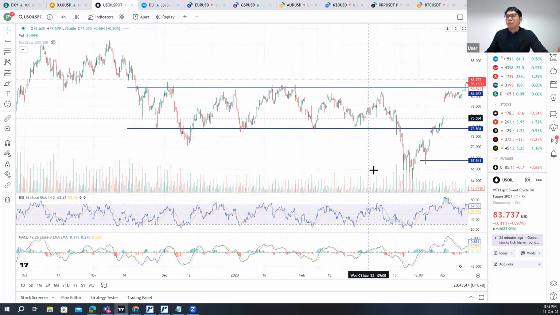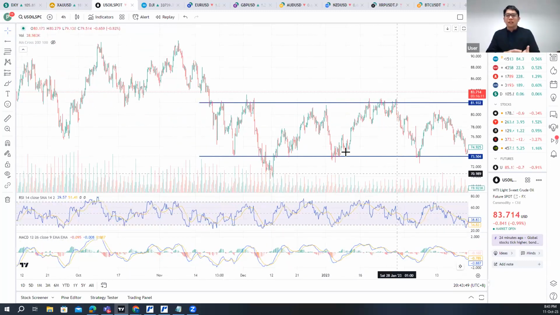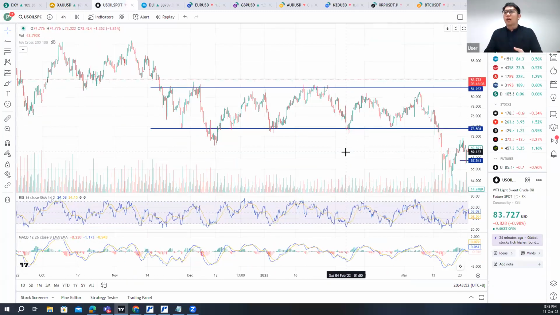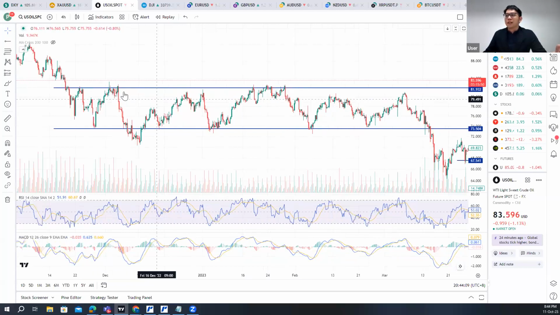Last time, when we had the EU sanction on Russian oil, and Russia tried to fight back with the oil supply cut, the oil price was just consolidating within the range. So when we identify such a range, we can always trade both sides. So it's like this.